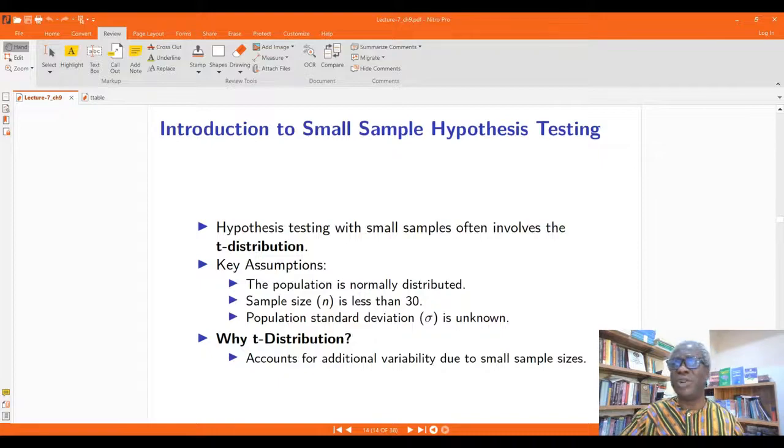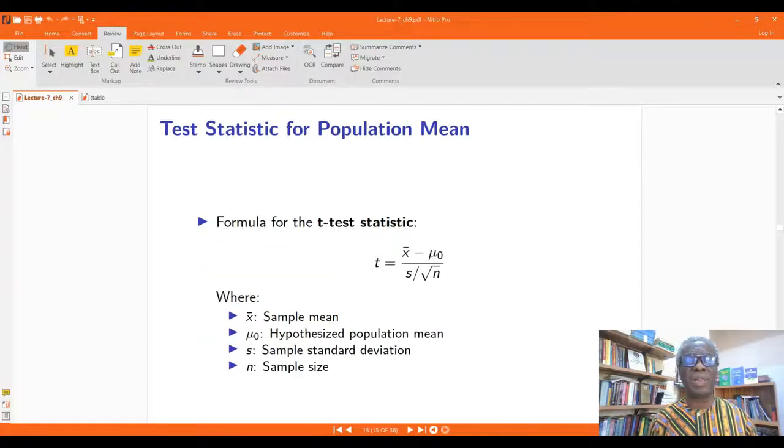Because small sample sizes can vary widely, compared to large sample sizes. So that's why you need to account for the variability due to small sample sizes.